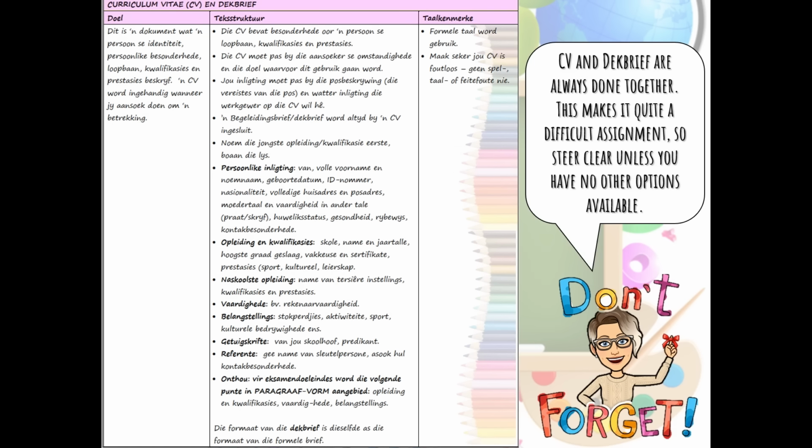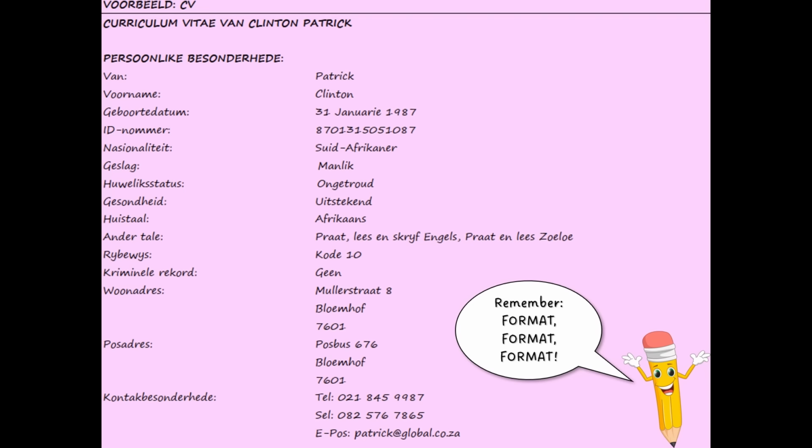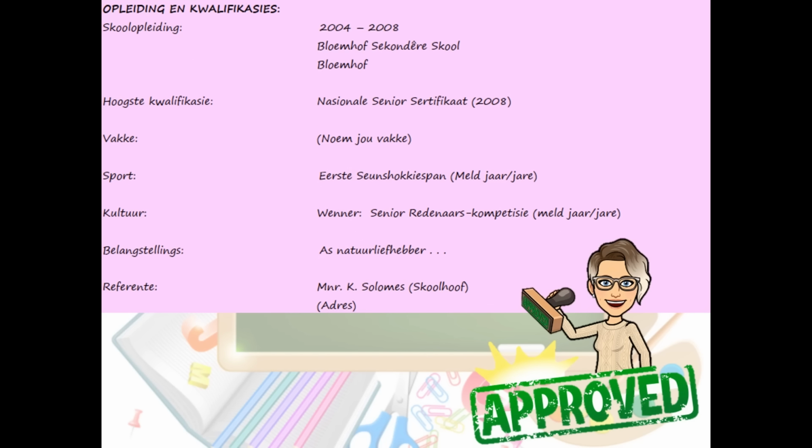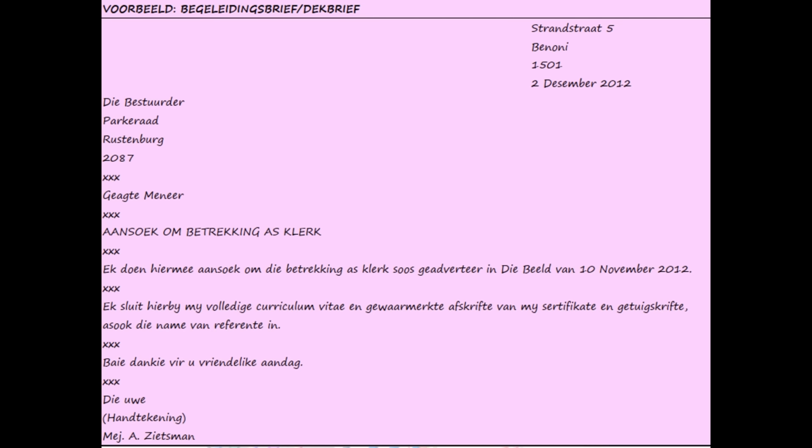Difficult one. Guys, if you can avoid doing a CV, I would suggest that you do, because first, you have to do a CV and a cover letter. So let's go and look at that quick. That is everything you'll have to write down. So you'll have to remember all of this plus all of that plus all of that.